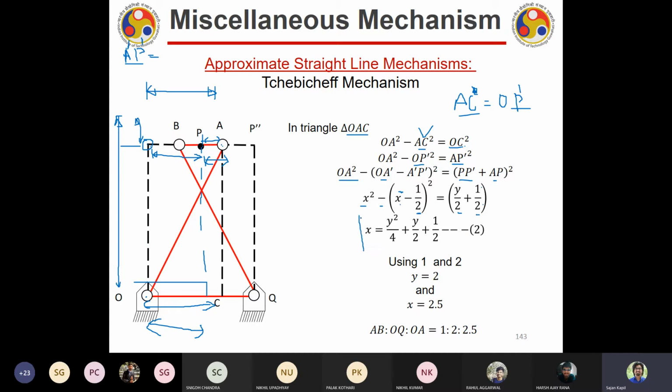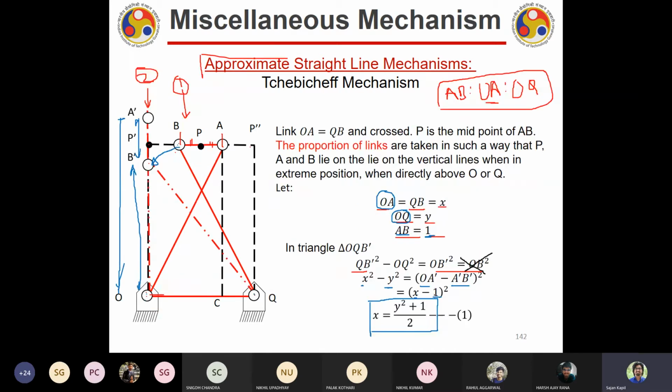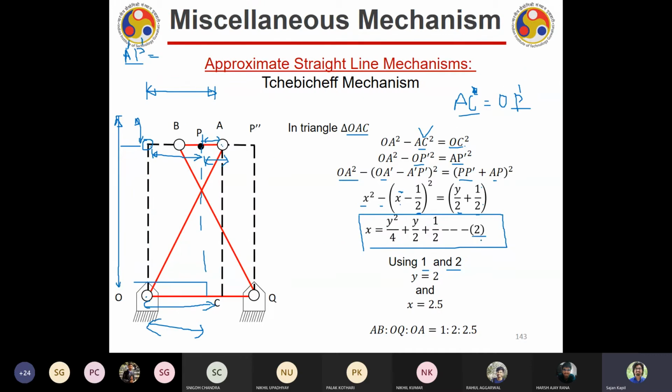So we got another equation stating x equals y square by 4 plus y by 2 plus half. Now using equation number 1 and equation number 2, we can get y equals 2 and x equals 2.5. Hence the ratio of OQ, this base link, to the cross link BQ or OA, both of the same length, should be 2.5, with AB considered as 1 in the beginning.